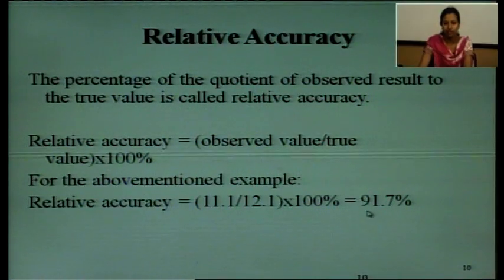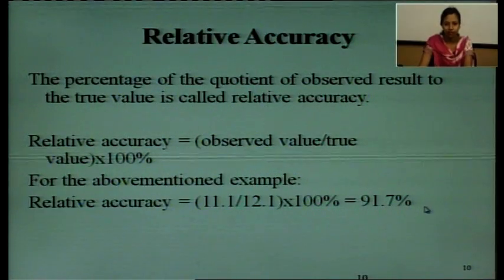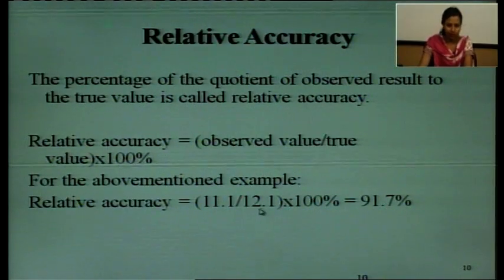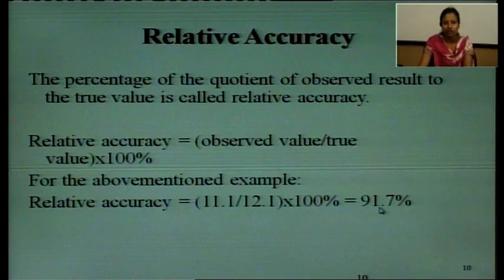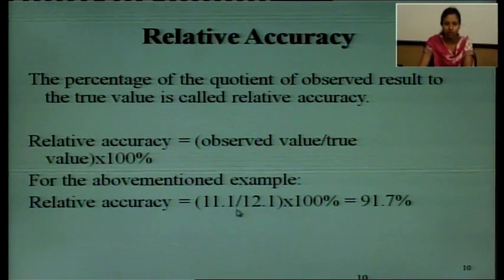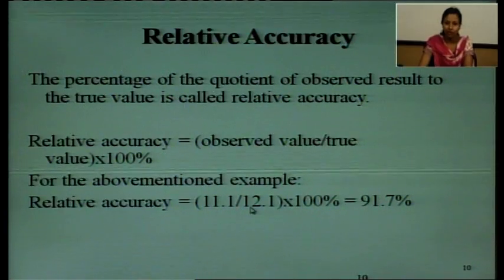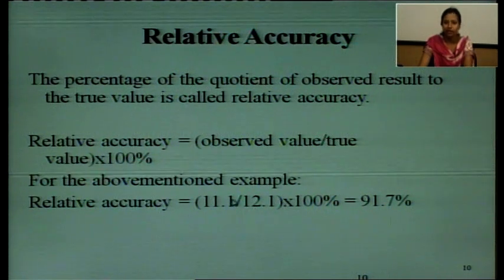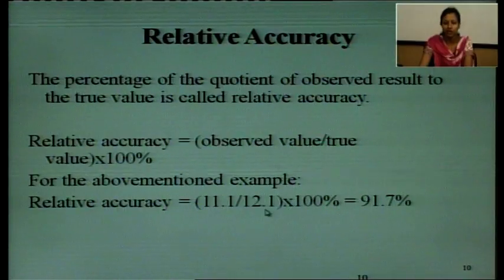Relative accuracy is 91.7%. The closer we are to 12.1, the more accurate our results are. If the observed value is more than the actual value, then we will get 1 minus that quantity.